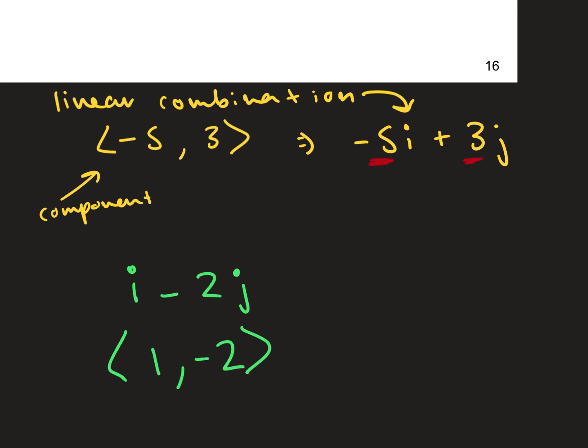What is the coefficient of i? The i doesn't have a number in front of it, so it's just 1. So it's just like having an x, where our coefficient in front of the x would be 1. So if it's just an i, it's a 1, and then the negative sticks with the 2, so -2.